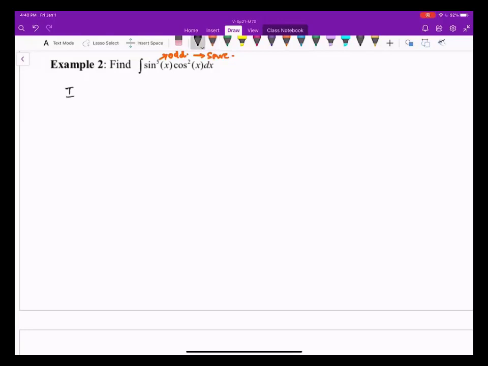So let's write I as the integral of sine to the power 5 x cosine square x dx. We are saving a sine. That means u should be cosine x. So what is du? Negative sine x dx.